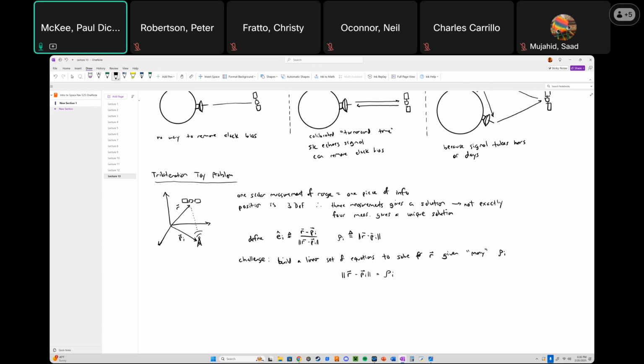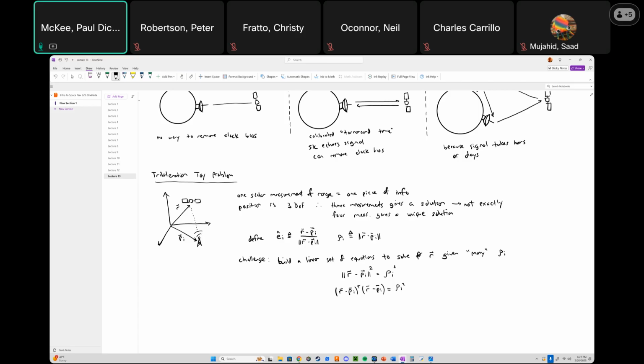So what I'm going to do is square both sides so that I can write this out. Remember that the norm of r minus pi is really the square root of r minus pi transpose times r minus pi. And then it would be the square root of this, but we've squared it, so we're at this point here.